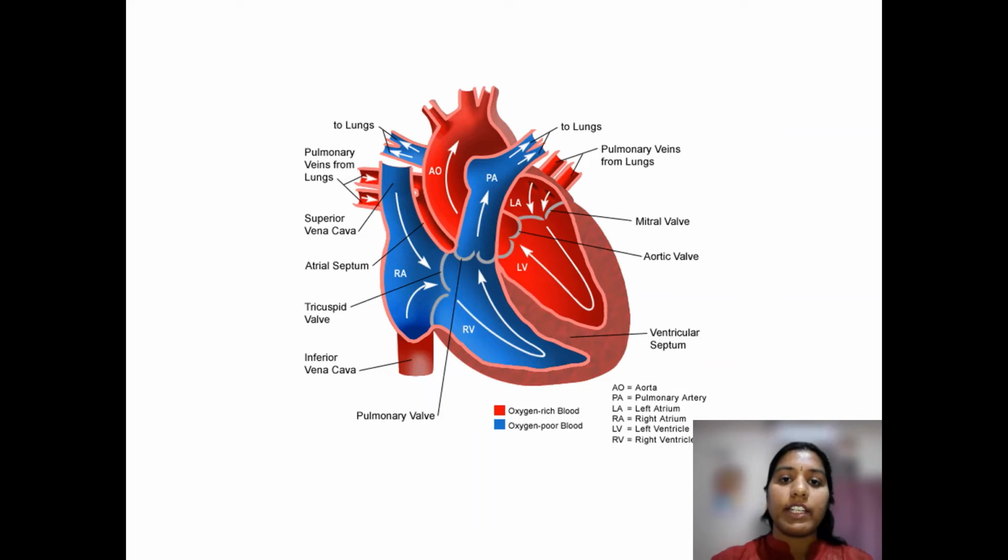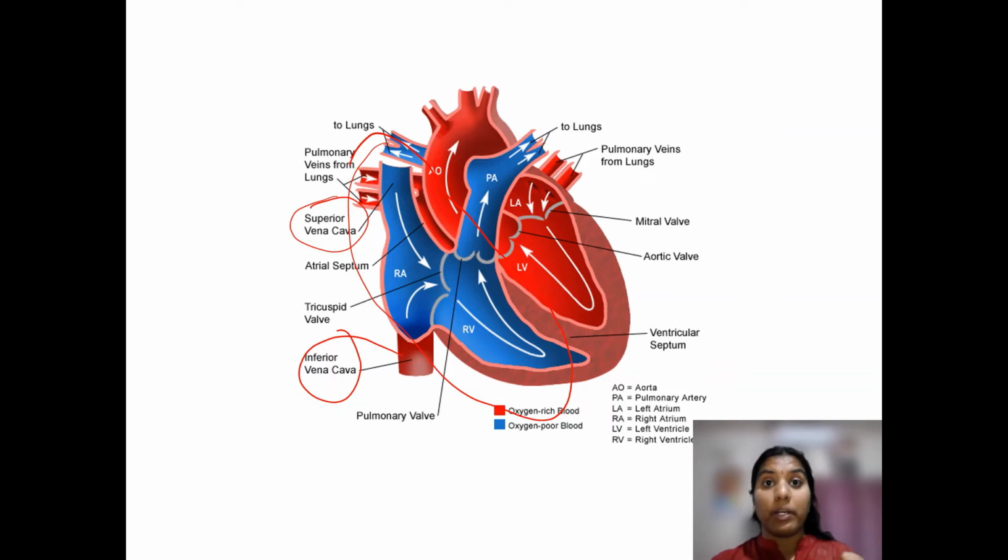In this picture you can see the right part of the heart is carrying deoxygenated blood. Why? Because the superior and the inferior vena cava bring the deoxygenated blood from all over the body to the right part of the heart, and that blood is carried through the pulmonary artery to the lungs, and then the blood is purified in the lungs, and the pulmonary vein brings oxygenated blood to the left part of the heart, that is the left atrium, and then it's pumped into the left ventricle.